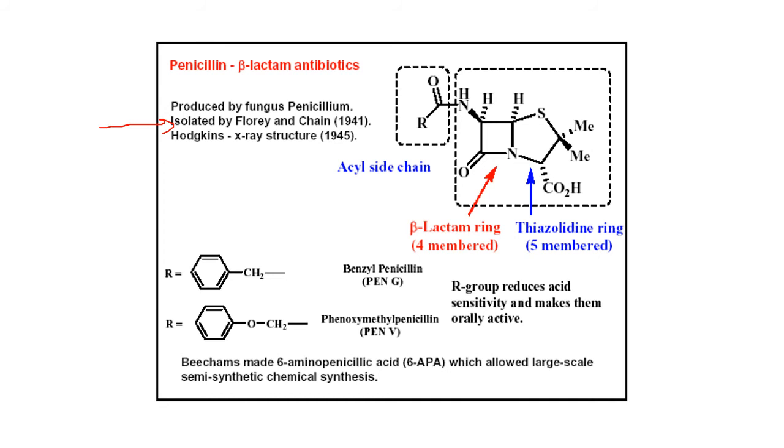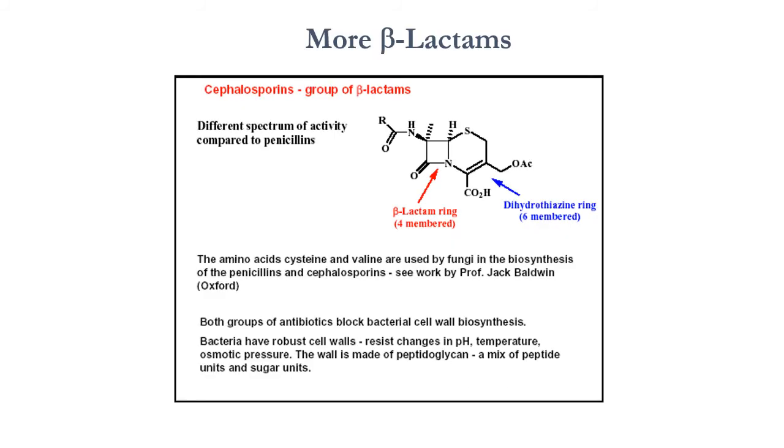And as I already said, I'll repeat myself a little bit. We have this beta-lactam ring, the acyl side chain here, and then this thiazolidine 5-membered ring here. And this R group here is variable. We can play with lots of different things there, which can confer useful properties when we come on to this. There are other beta-lactams, cephalosporins, for example. Here we have a 6-membered ring, otherwise structurally similar, with the same carboxylic acid group here.